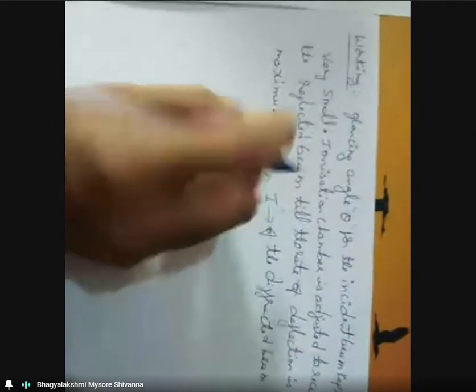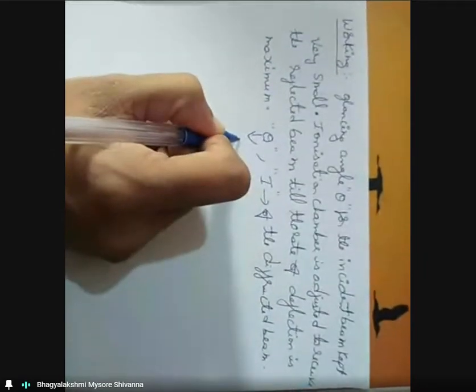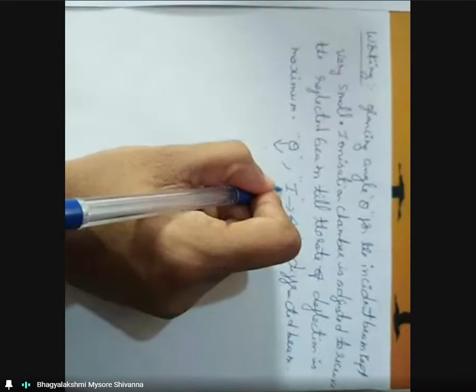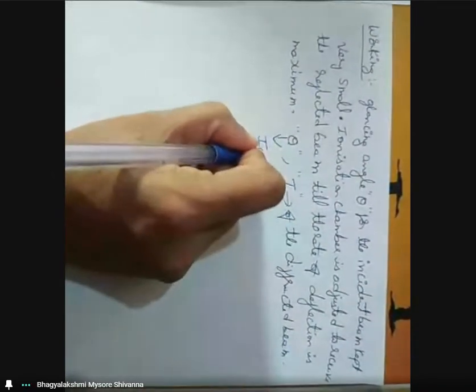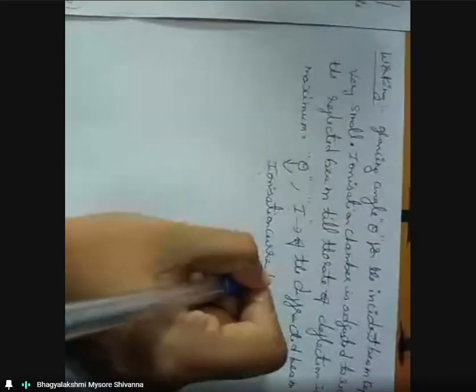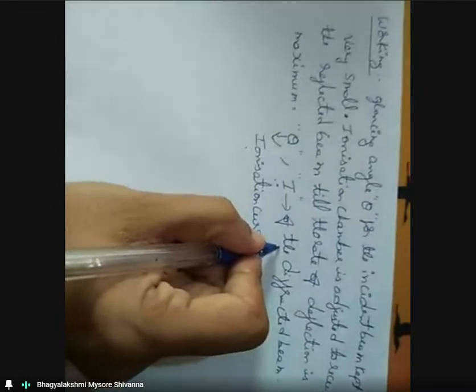For each step, the ionization current is noted. So this is the intensity of the diffracted beam.